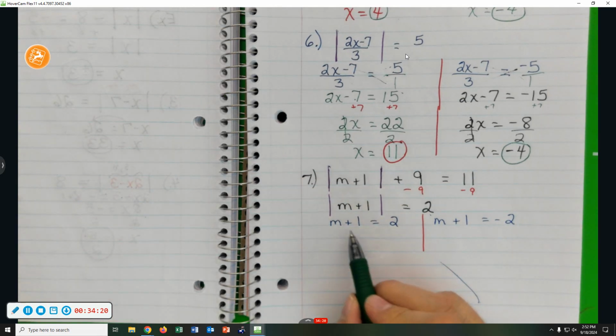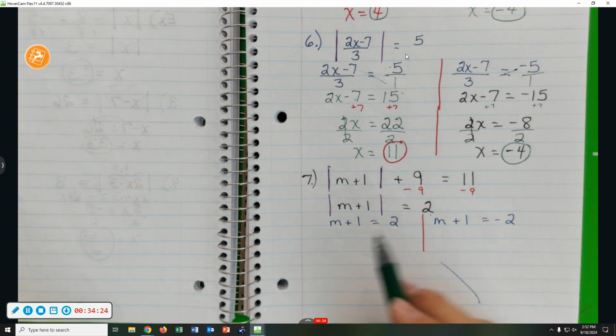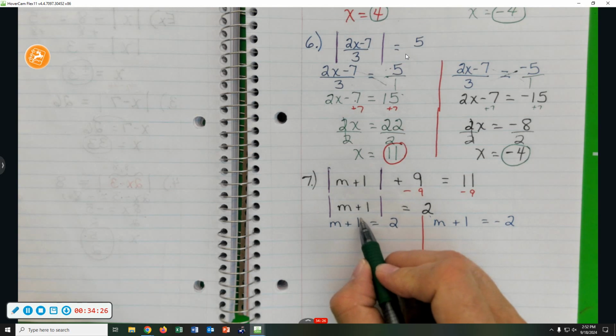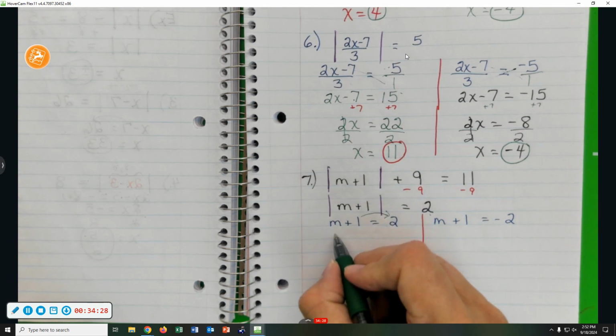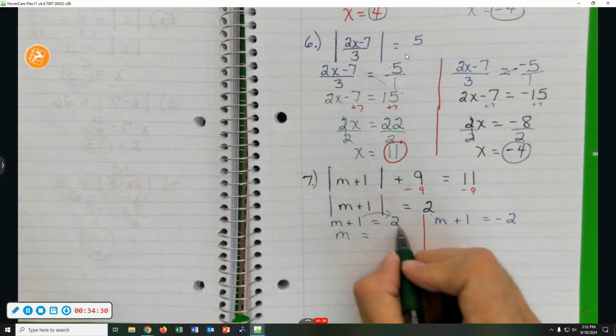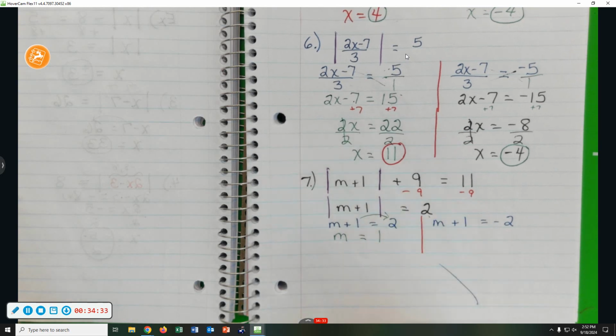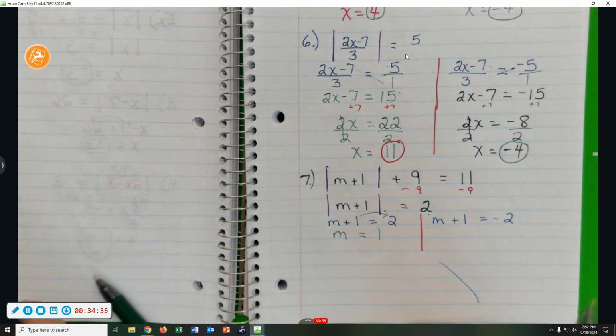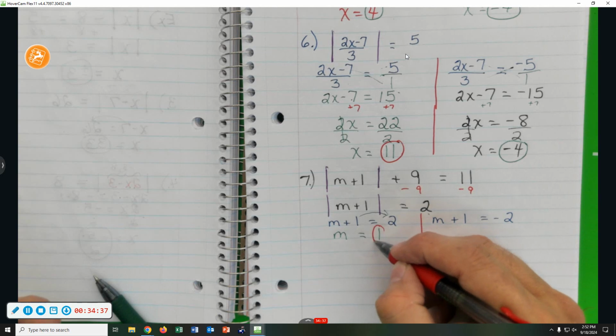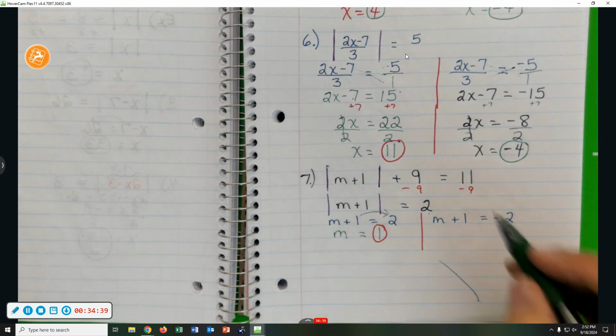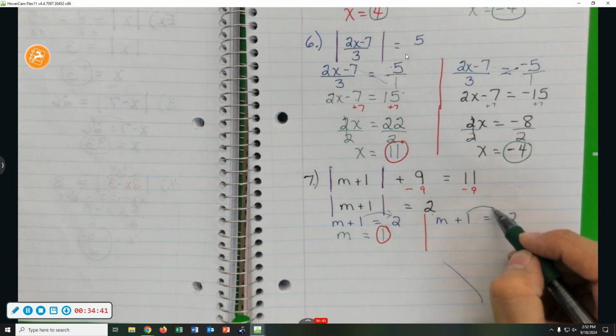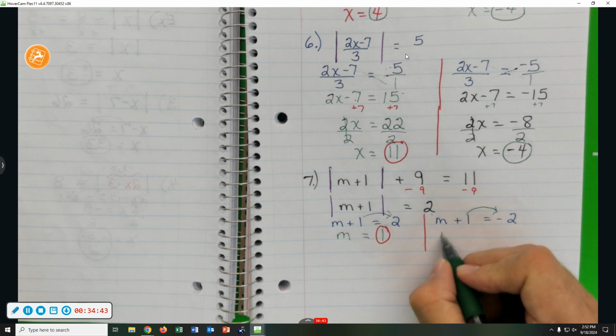So let's see. What do I want to do? Subtract 1. What's our first answer we're getting here? m equals 1, 2 minus 1. And what's the other answer? Here when we subtract 1, what are we getting?